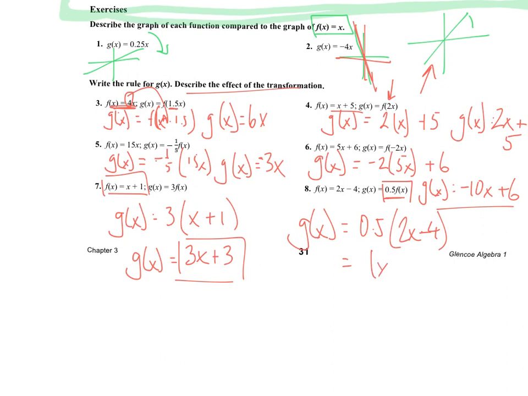Half of negative 4 is just negative 2, or minus 2. So there's your new function. Compared to our original function, 2x minus 4, this one will be less steep. Still has positive slope, so that one will be rotated.